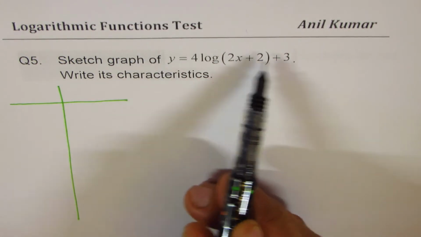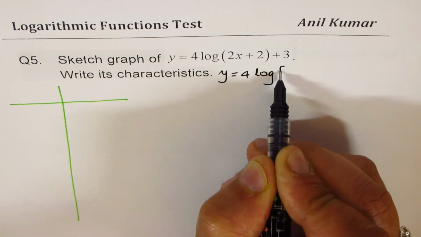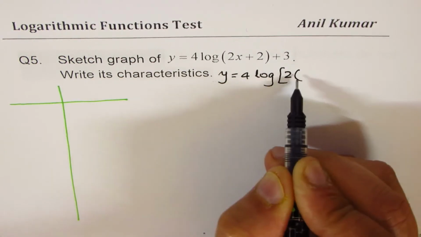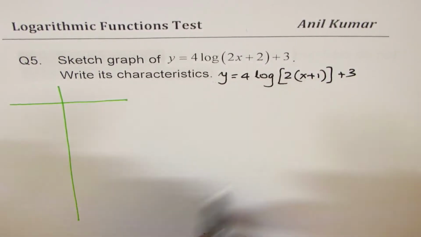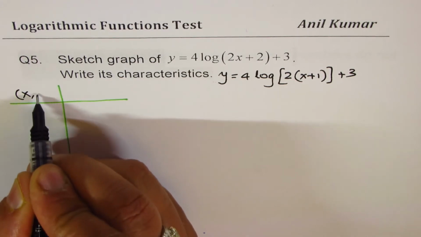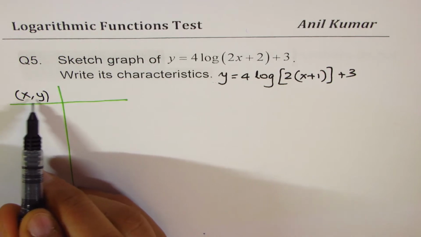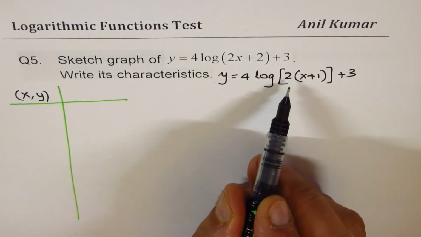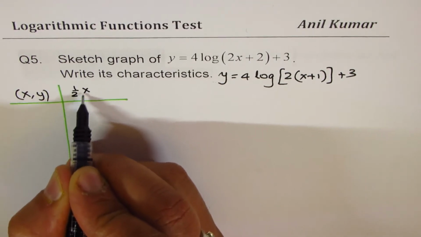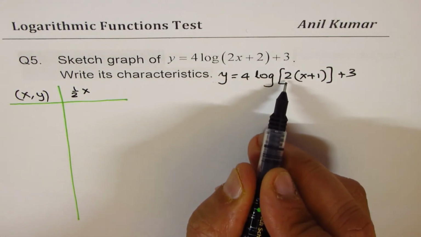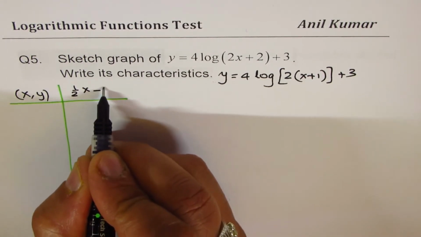I could rewrite this function as y equals 4 log, and we should actually factor 2. If you do that, you get 2 times x plus 1, plus 3. Now it is clear that if on the base, which is log to the base 10 of x, we have a coordinate point (x, y), then the transformation will be that the x values will be multiplied by half, horizontally compressed by a factor of half, and move 1 unit left, so -1.